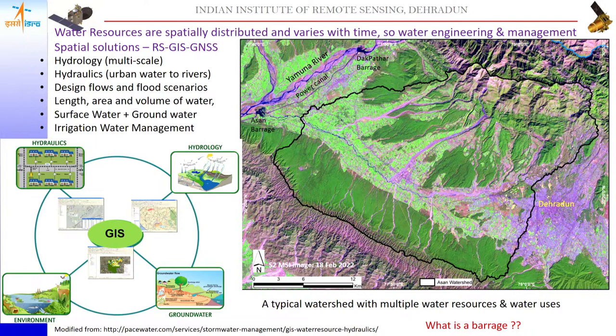Then you can also see the man-made structures, like two barrages, Dak Pathar and the Asan barrage, connected by a power canal, which is diverting the water of the main Yamuna river at Dak Pathar, and then this water gets transported through this power canal, and in between we also have one small hydropower station which is maintained and operated by Uttarakhand Jal Vidyut Nigam.